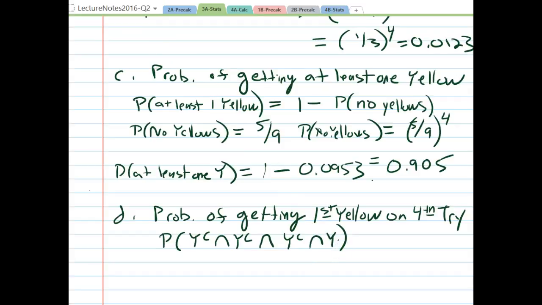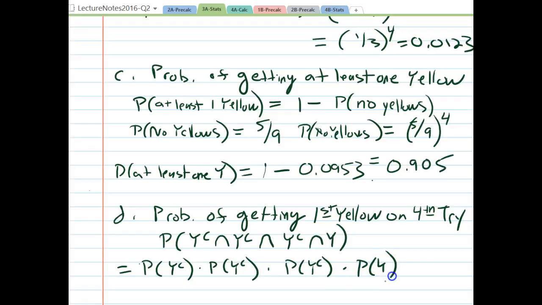Now these are all independent events, so by the multiplication rule, my answer is going to be found by taking the probability of no yellow times the probability of no yellow times the probability of no yellow times the probability of pulling a yellow.